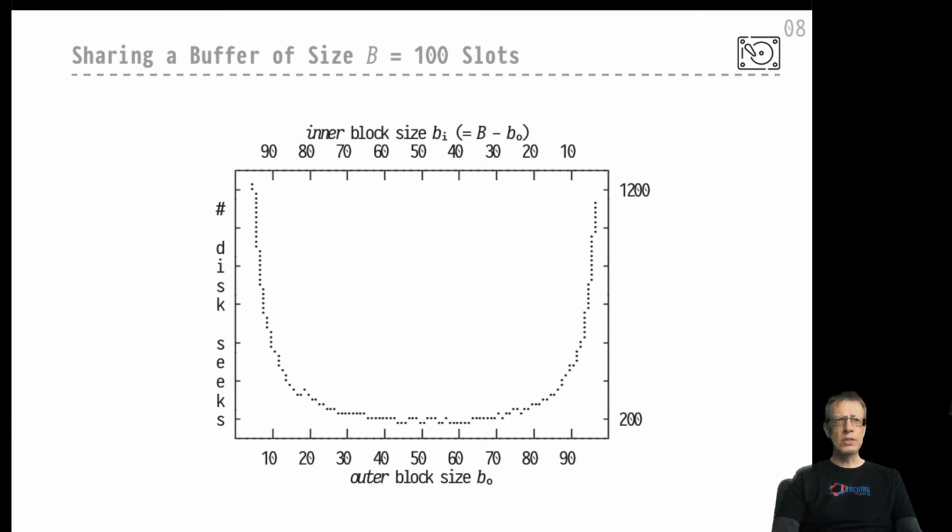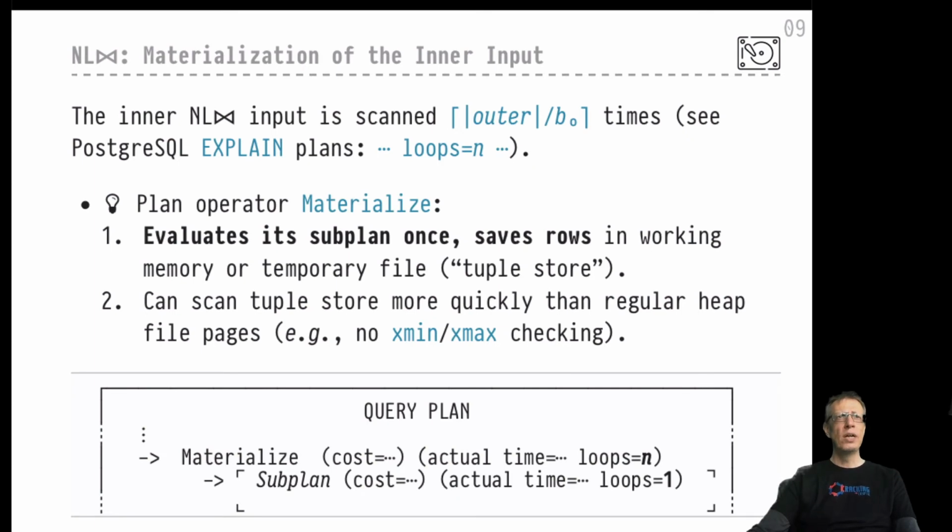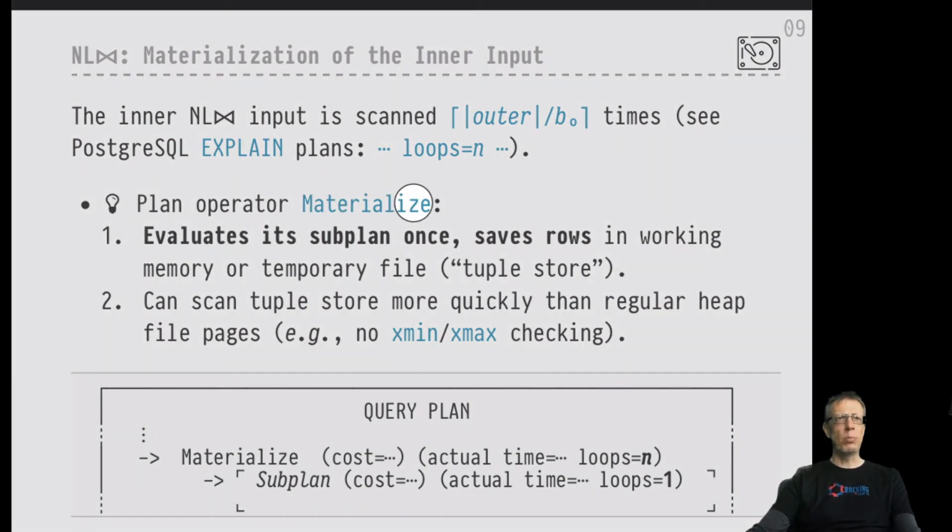And then there is a different aspect that is related to the actual plans that you will see when you use the explain SQL command on plans that use the nested loop join. We will of course have a look at such plans in just a minute. But before we do that, let's look at one particular plan operator that you will often find there, the so-called Materialize plan operator.